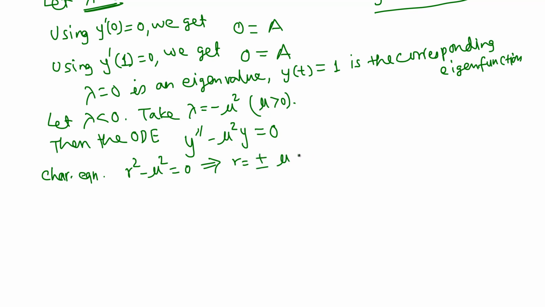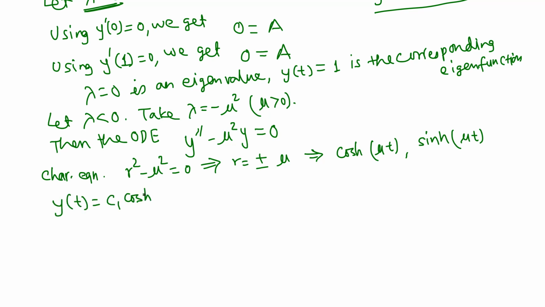Whenever we have plus minus not i, then we get hyperbolic cosine mu t and hyperbolic sine mu t as two solutions. We can work with exponential functions, but these are better. So the solution y(t) is c1 cosh mu t plus c2 sinh mu t.